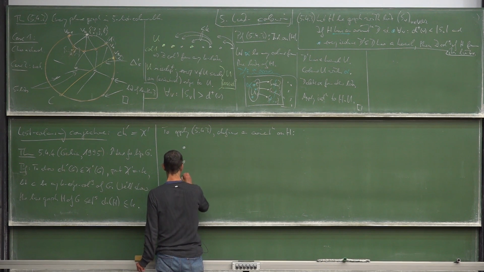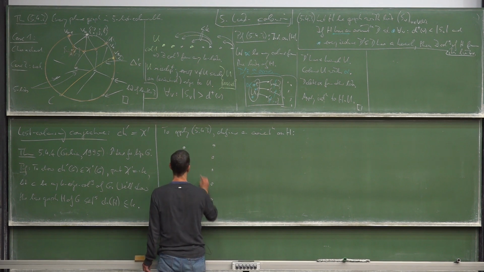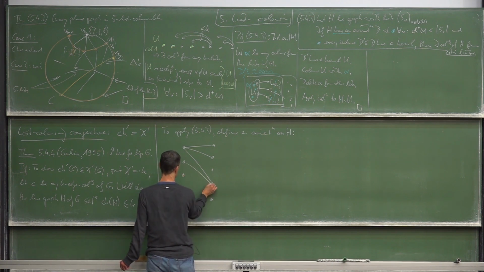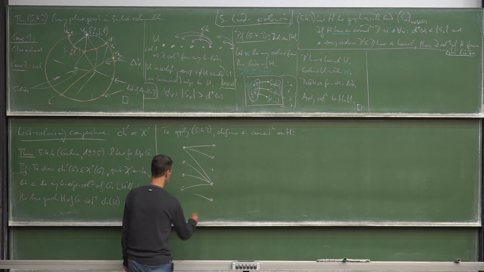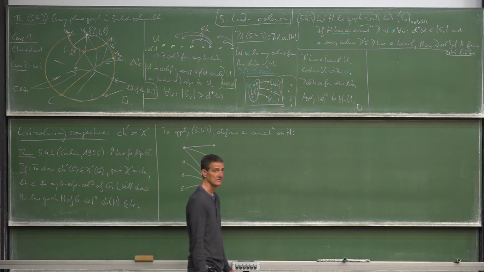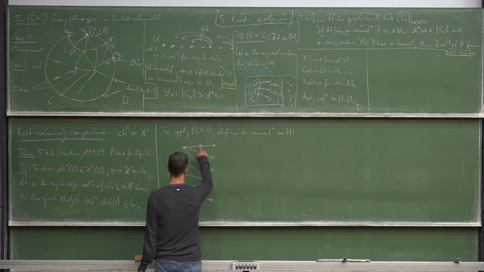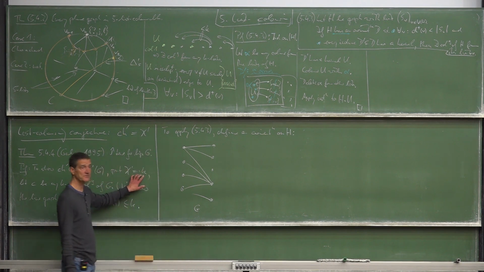Let me draw G. So this is G. And G has an edge coloring. We use that edge coloring now with at most k colors.